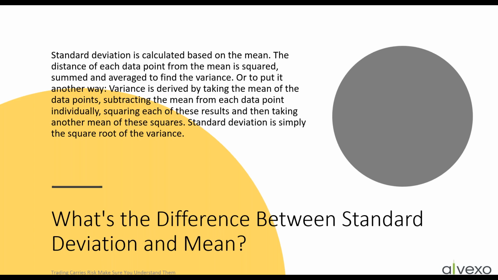Or to put it another way, variance is derived by taking the mean, the moving average, of the data points, subtracting the moving average from each data point individually, squaring each of these results, and then taking another average of the squares. Standard deviation is simply the square root of the variance. Okay, we're done. Now we know it's a very complex mathematical formula that uses the average minus the difference between the open, the high, the low, and the close in the time frame.